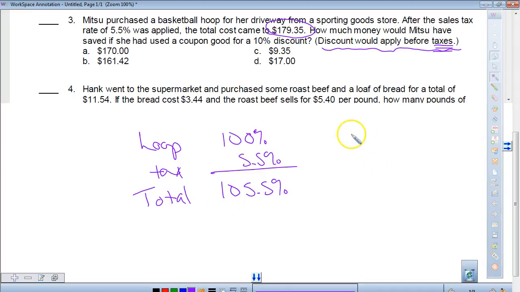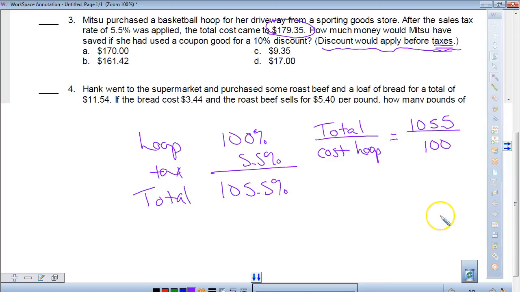Now the reason I'm doing this is the total is 105.5% of the cost of the hoop. So if you recall back when we talked about percentages, we could set up a proportion to solve this type of problem.